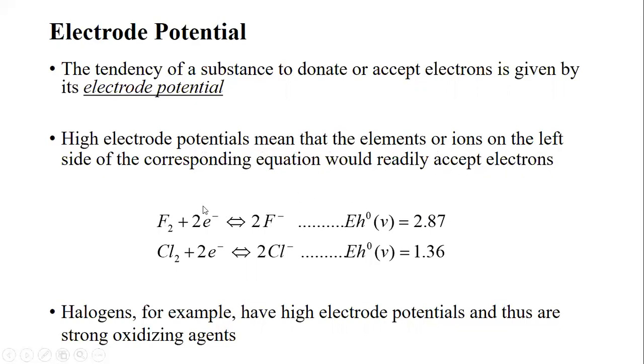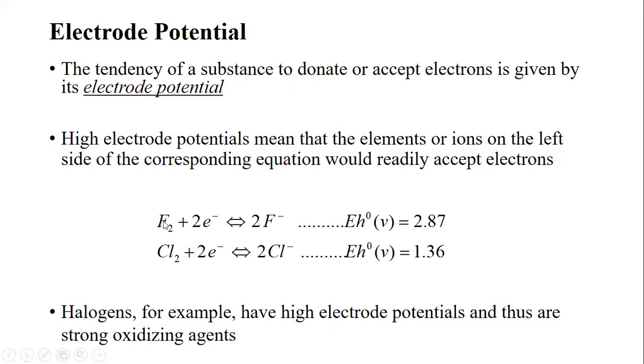And we know that. So fluorine and chlorine, most of the time we find them in the negative ionic form. Chloride, you can hardly ever find it in the elemental form, or fluoride. Most of the time we find them negatively charged. So they accept electrons readily.